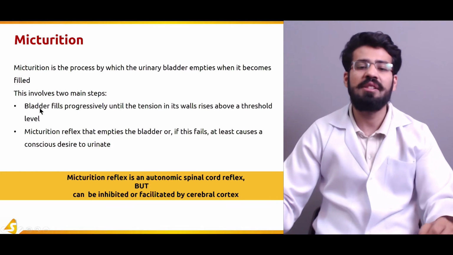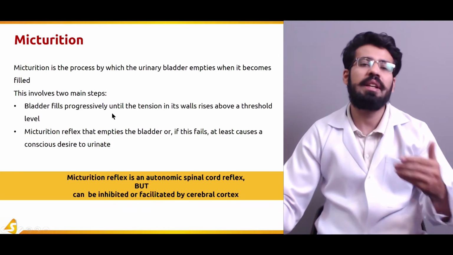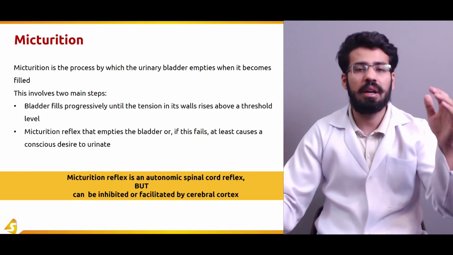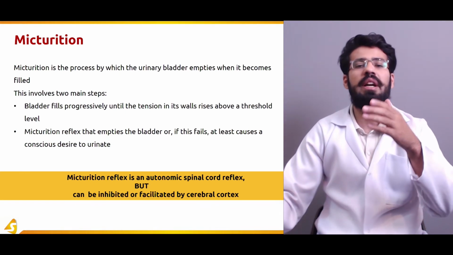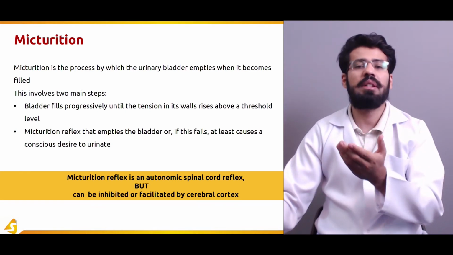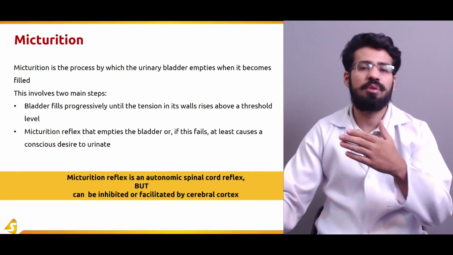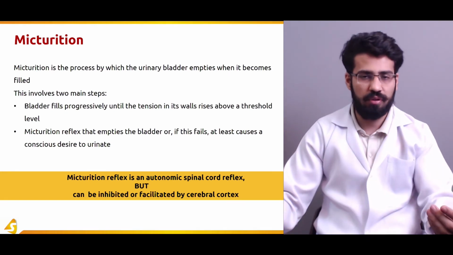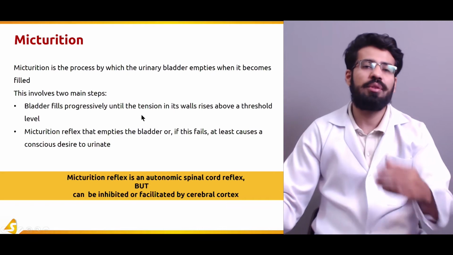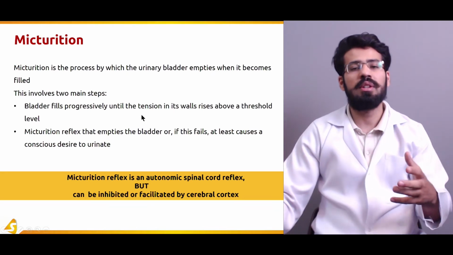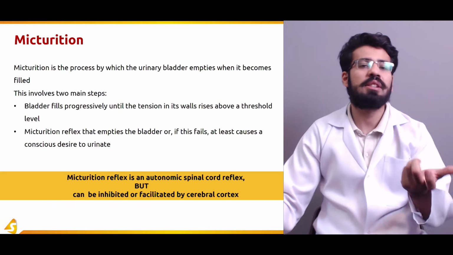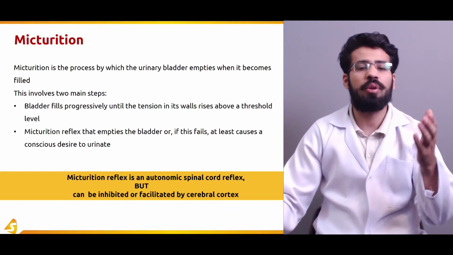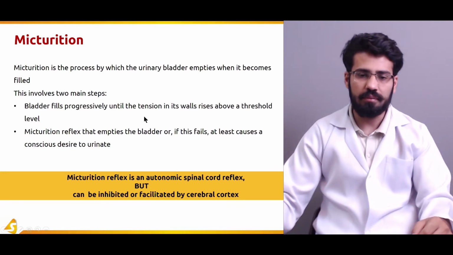So the bladder fills progressively, slowly and steadily with the passage of time, as blood comes through the glomerular filtrate and the fluid is taken up, and after reabsorption and excretion, urine is formed slowly and steadily and moves from the ureter towards the bladder. So this is basically a short summary of the progressive filling of the bladder.